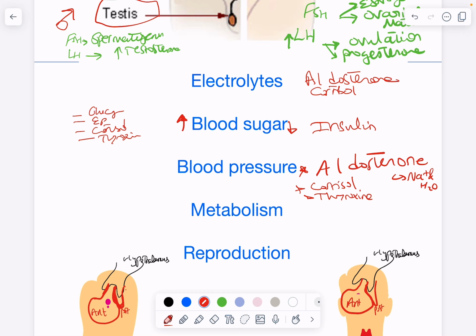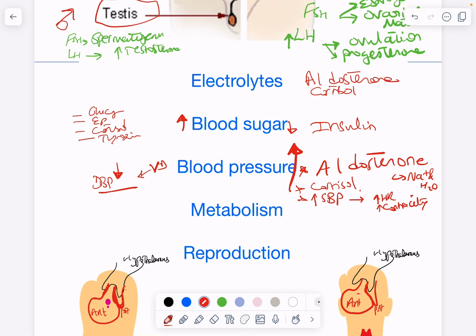So it acts to increase blood pressure as well. While thyroxine, being a vasodilator, acts to reduce diastolic blood pressure, but it will also increase systolic blood pressure on the other side, as it stimulates increased heart rate and contractility, right?